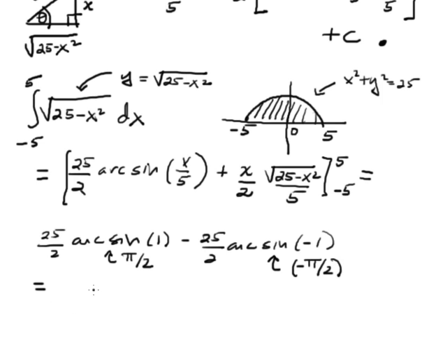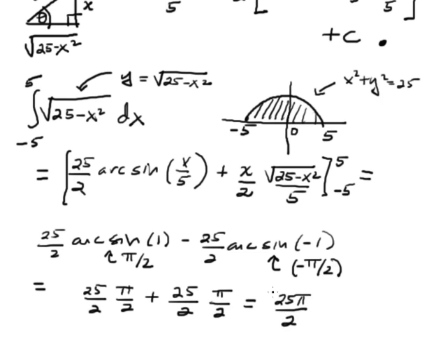So here we get 25 over 2 times pi over 2 plus 25 over 2 times pi over 2, and that's equal to 25 pi over 2, which is what we expected for the area of half of this circle.